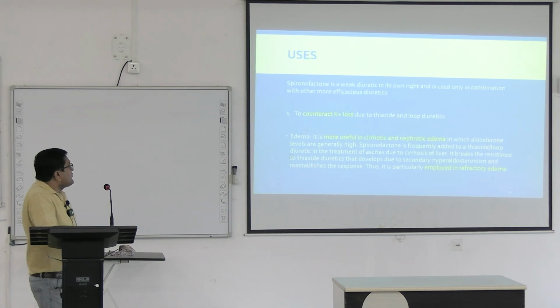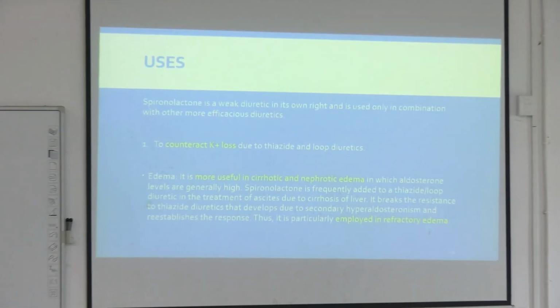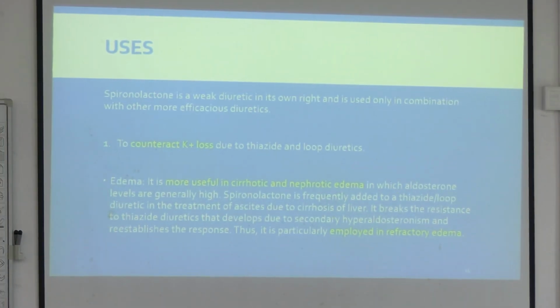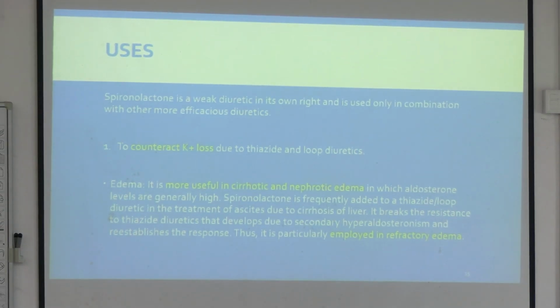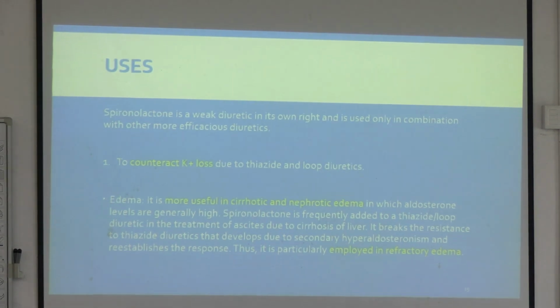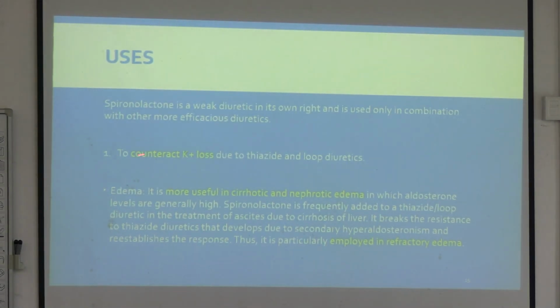Now coming to the usage, spironolactone is a weaker diuretic, so it is not commonly used as a single diuretic. It is generally combined with other more efficacious diuretics. Where? Number one, to counteract potassium loss due to the thiazides or the loop diuretics. Number two, it is more preferred in refractory edema, like in case of cirrhosis of liver and nephrotic syndrome, where the edema does not subside due to the secondary hyperaldosteronism.